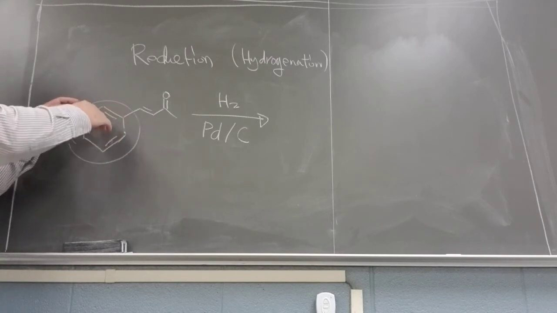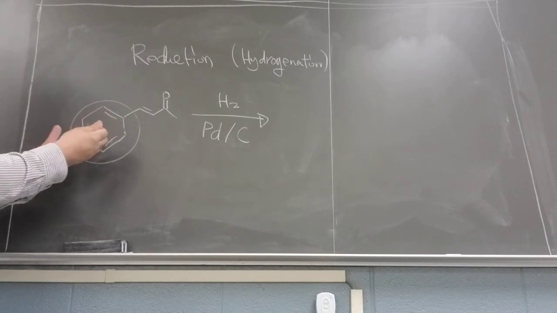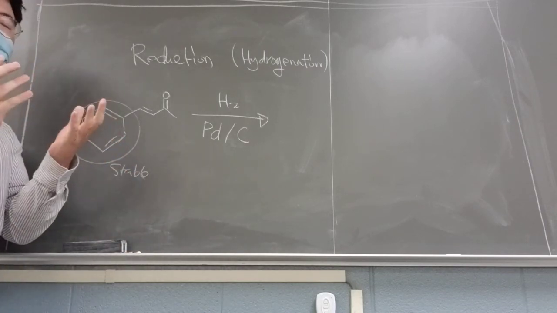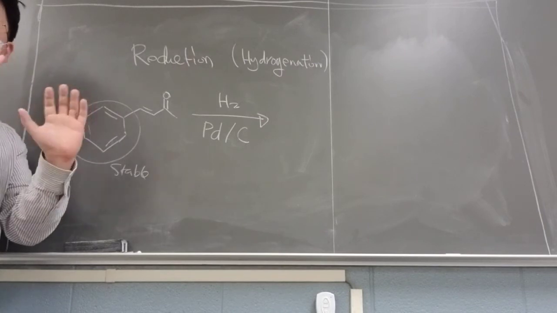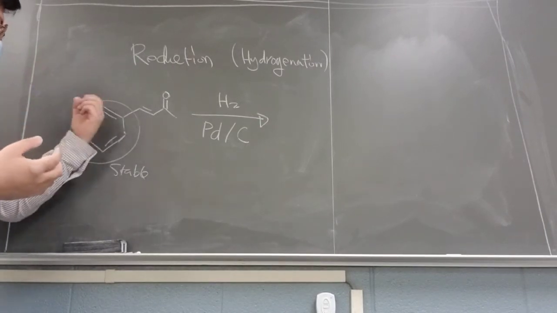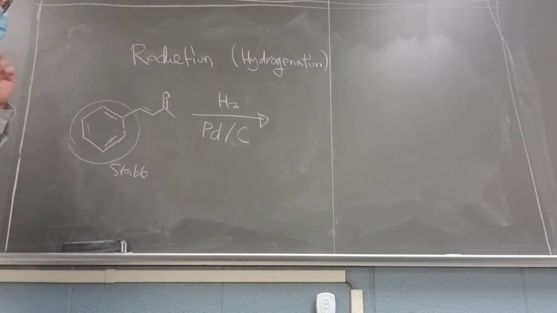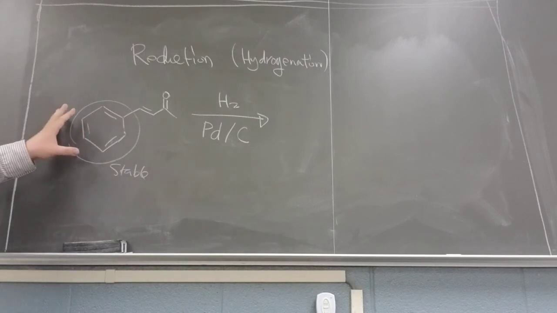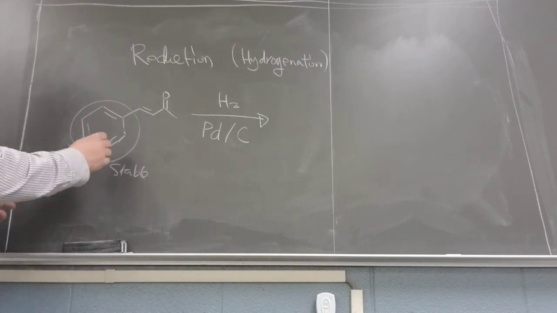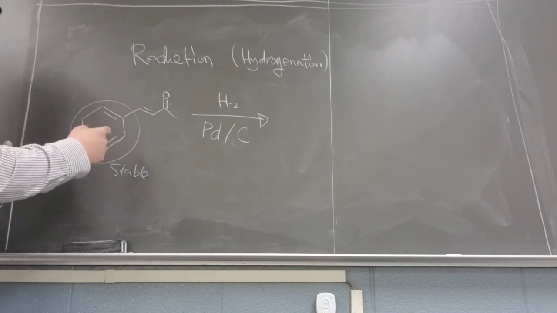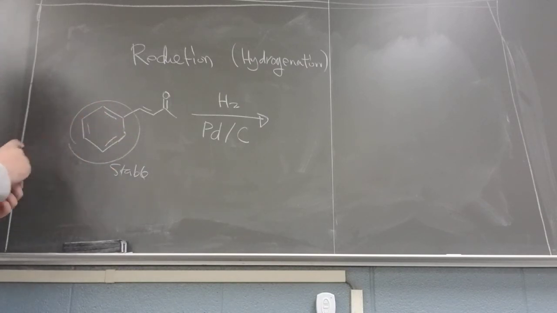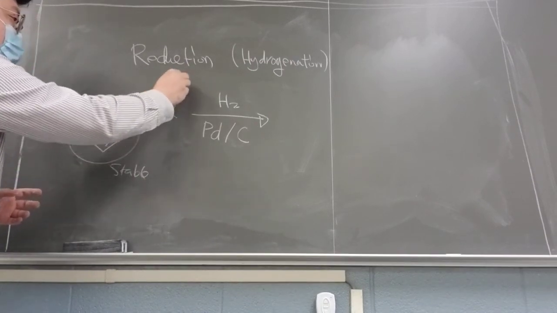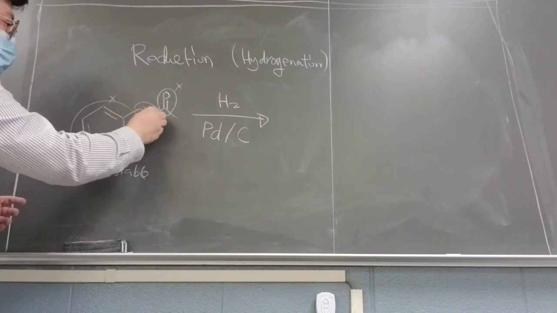We call this very highly conjugated, so it is very stable. Highly conjugated means the pi electrons are delocalized in the ring structure, which you're going to learn in Orgo 2. Are you guys taking Orgo 2? Yeah. So we'll not spend much time on it here yet. Because of that, you also cannot reduce the aromatic ring. This is very stable. So these two cannot be reduced, and you can only reduce this part.